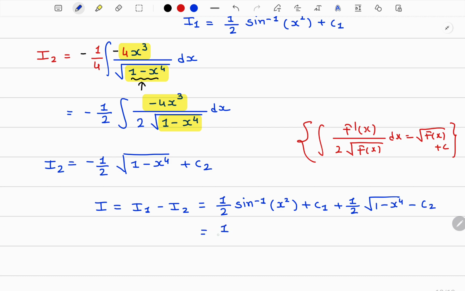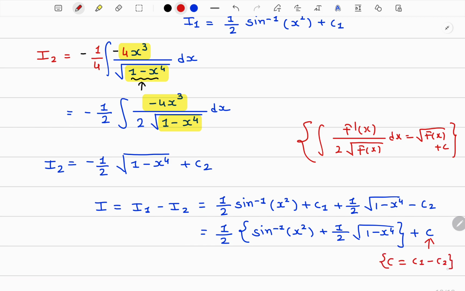So final answer is 1 by 2 common, sine inverse x square plus 1 by 2 under root 1 minus x raised to 4 plus c, where c is nothing but c1 minus c2. So basically constant ही है तीनों, तो हम ऐसा लिख सकते हैं. So this is our final answer, right? This is our final answer.